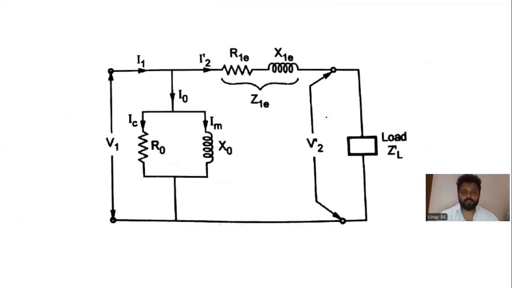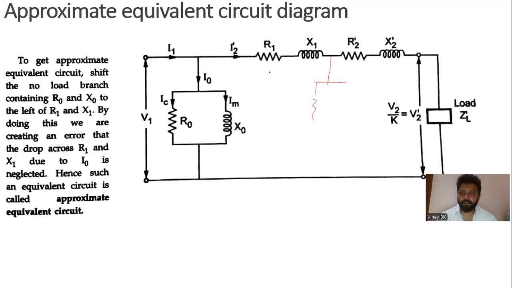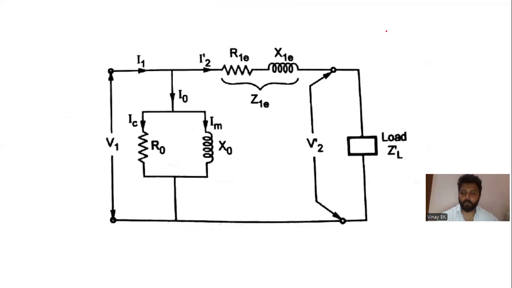Now you are rewriting here R1 plus R2 dash. These two are in series, you are writing it as R1E. These two are in series, you are writing it as X1E. You can see here the approximate equivalent circuit: R1E, X1E, Z1E. 1E represents referred to primary winding. The resistance of a transformer referred to primary winding, R1E, consists of R1 plus R2 dash.